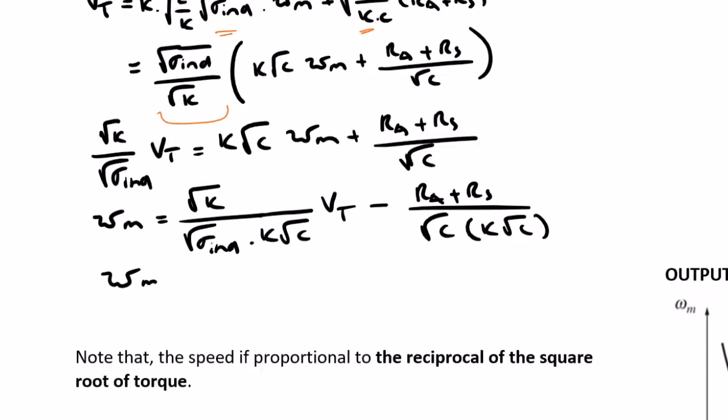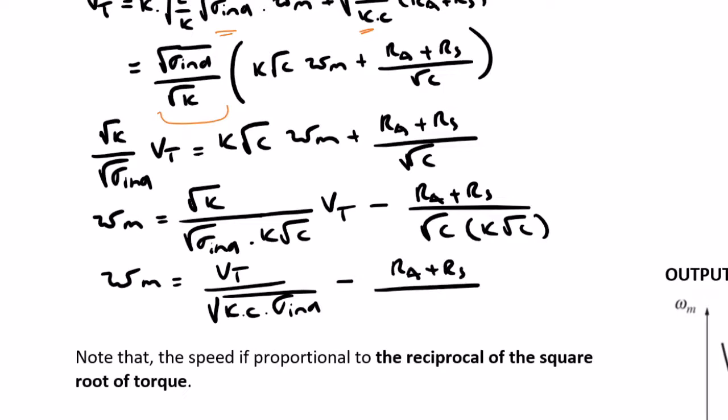Omega m equals Vt divided by square root of K C induced torque, minus Ra plus Rs over KC.